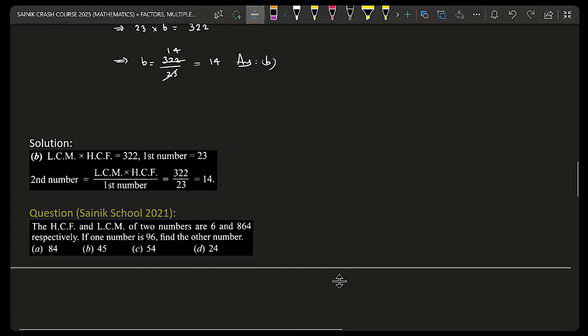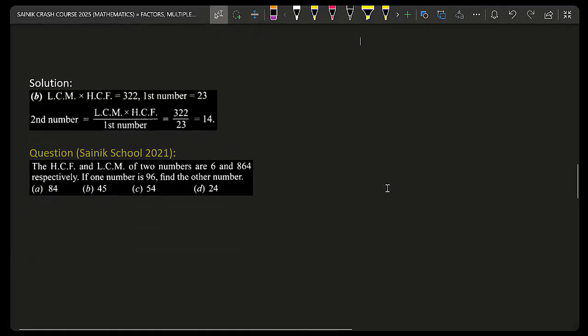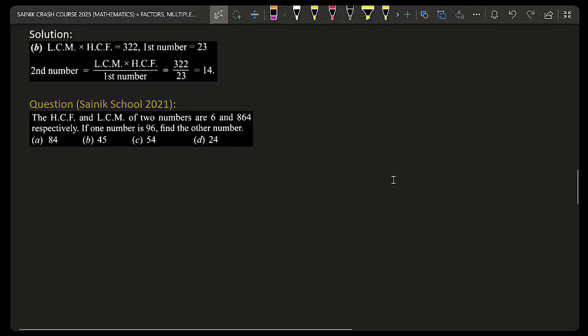If you want to explain, you can raise a hand. I'll be asking you the explanation. The HCF and LCM of two numbers are given as 6 and 864 respectively. If one number is 96, we have to find the other number. You take 2 minutes of time. After that, I'll ask you.